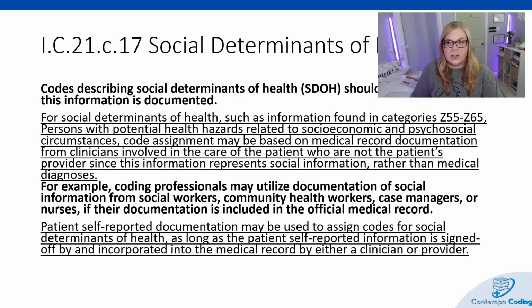Very, very interesting to see these social determinants of health now receiving their own specific guideline, not just kind of being lumped in with coma scale and other information. I think it's showing that these are becoming much more significant to our full medical picture and patient health as well. So this continues on.